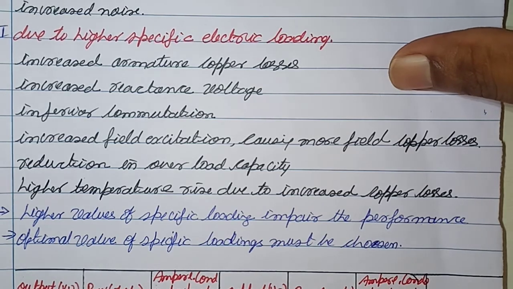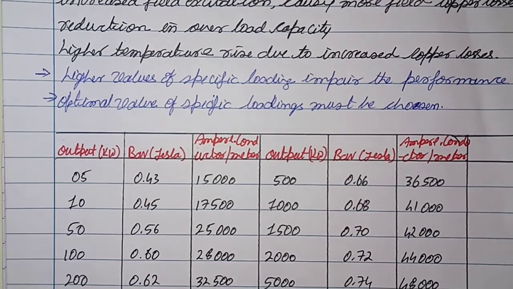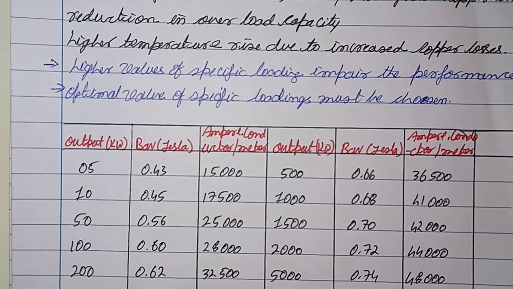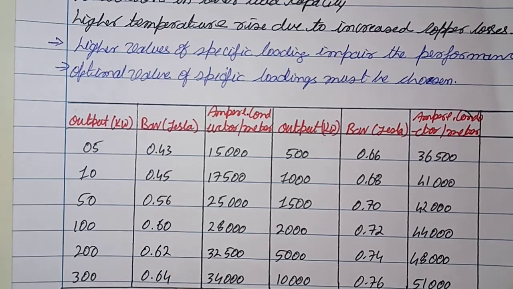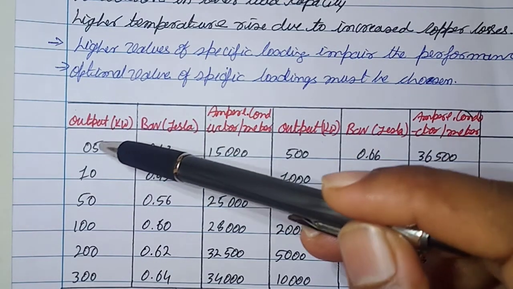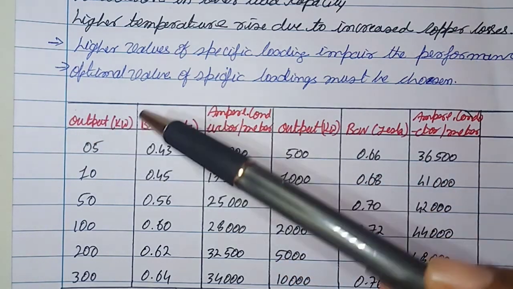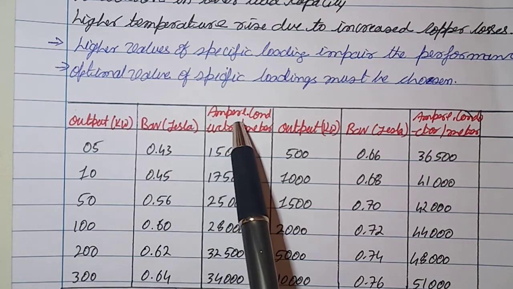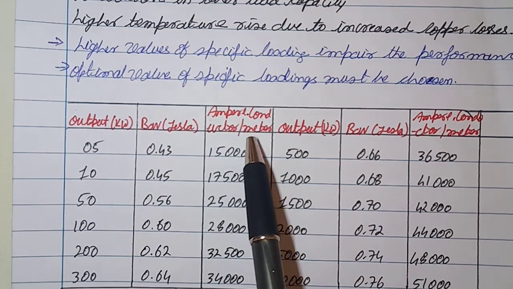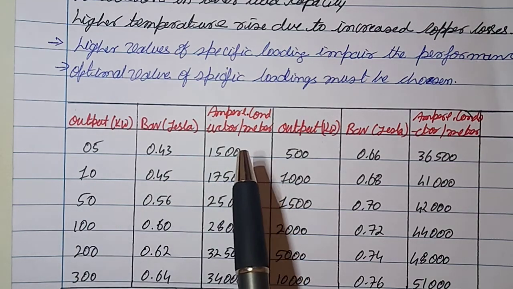For that, we have a few values for the specific magnetic loading and specific electrical loading for these ratings. Looking at the output, if it is a 5 kilowatt machine, then B average, that is the specific magnetic loading, will be 0.43 and Q, that is the ampere conductors per meter, will be 50,000.